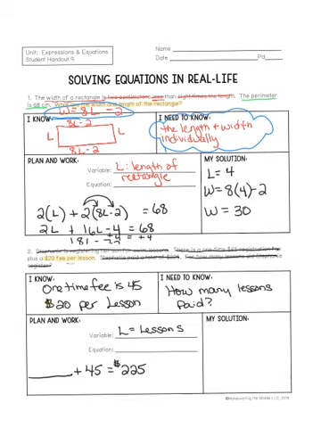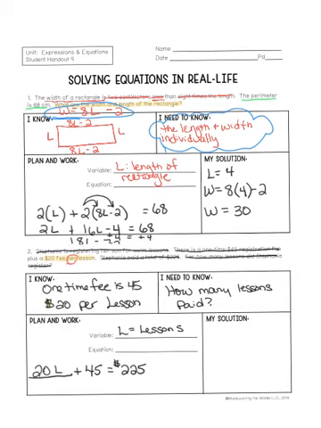It signals multiplication. It's $20 per lesson. 20 times L. So if he takes 2 lessons, it's going to be $40 plus that $45 fee, right? If he takes 4 lessons, it's going to be 4 times 20, which would be $80, plus the $45 fee.